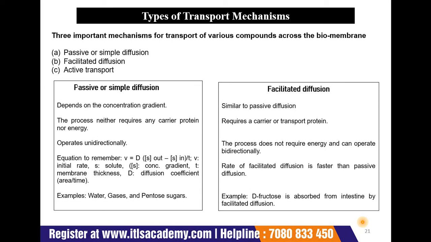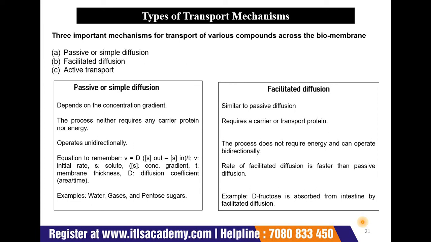However, facilitated requires a carrier or transport protein, and it can operate bidirectionally. However, passive is always unidirectional. The rate of diffusion in facilitated is faster because there is attachment of a carrier or transport protein which facilitates the process as compared to passive diffusion.